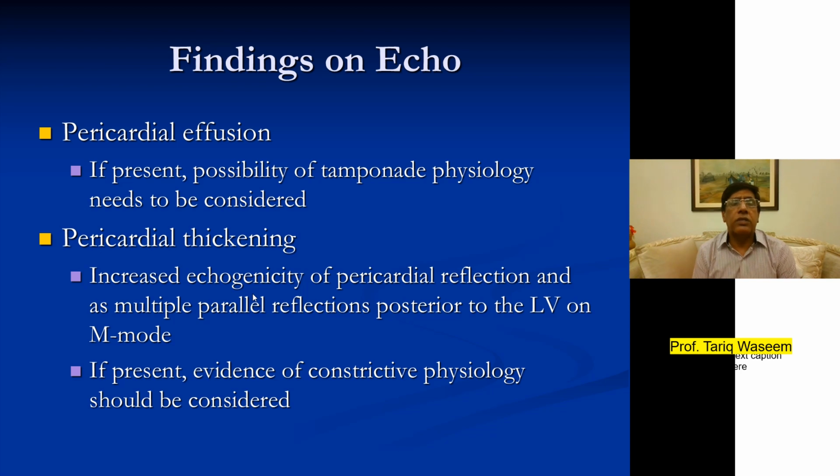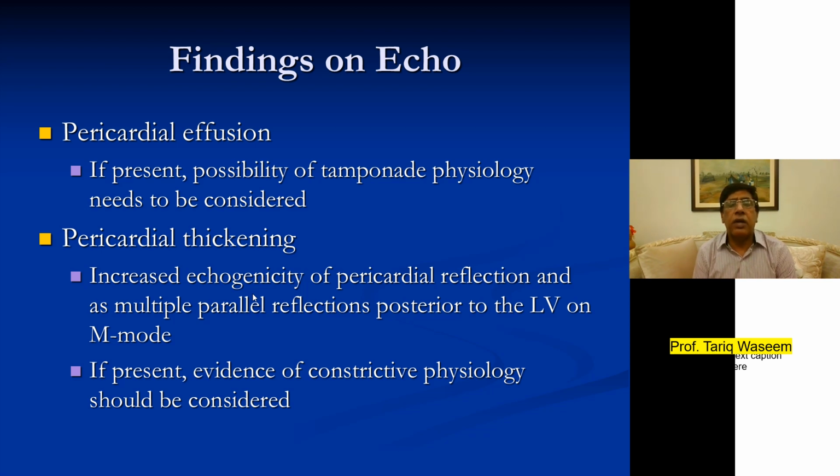You can also notice how much the pericardium has thickened. Normal pericardial thickness is something around 2 to 5 millimeters. But if it is more than that, then we call it pericardial thickening. This thickening may be responsible for constriction as well.